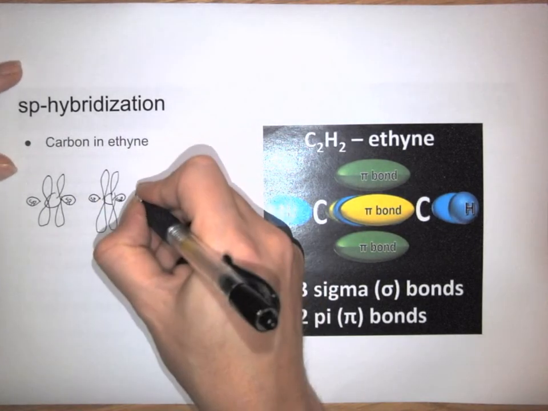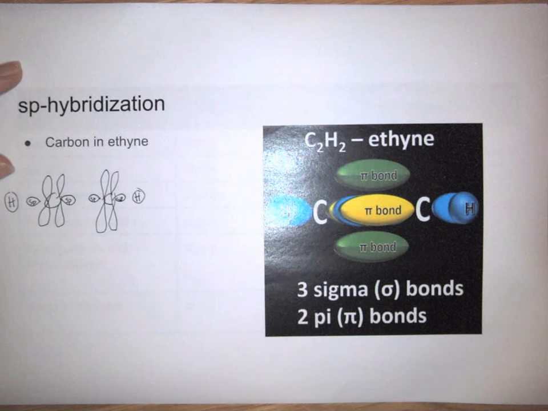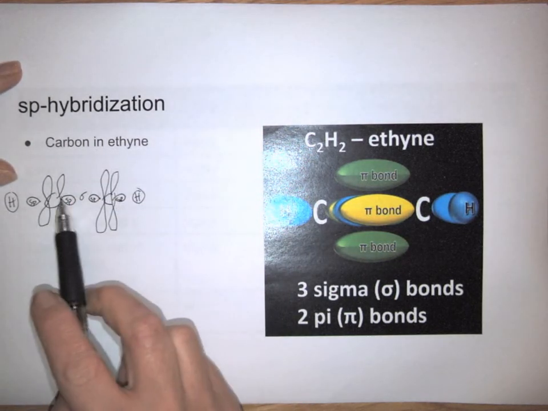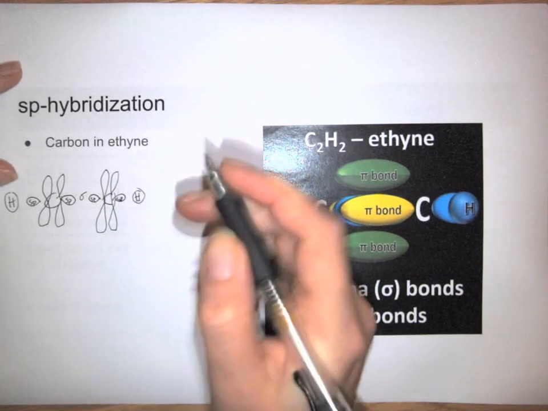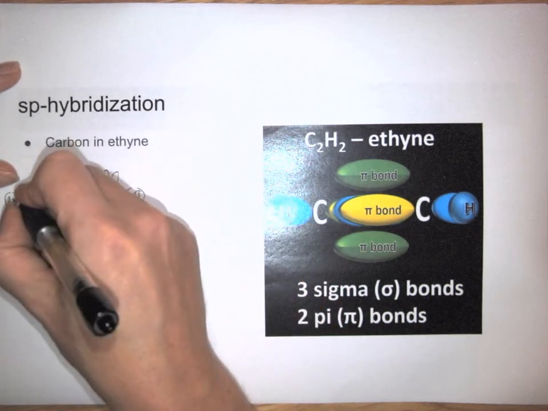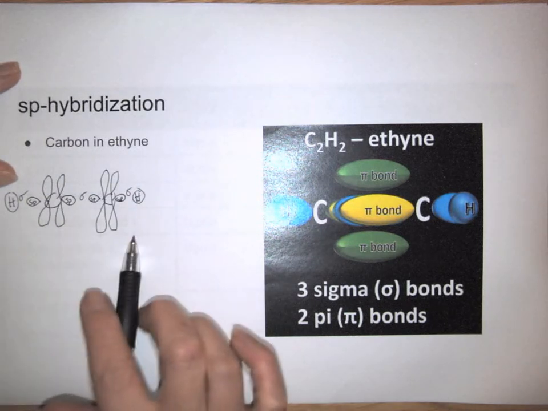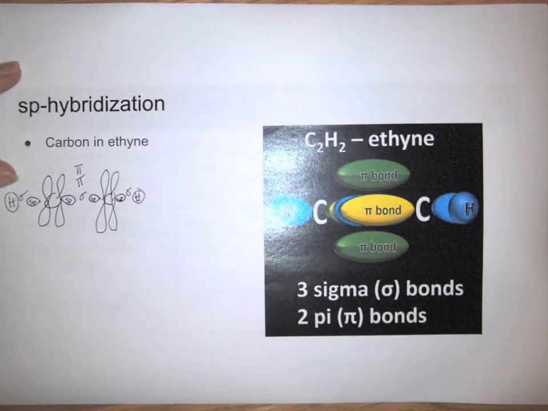And of course we have the hydrogen with the s orbital here and here. We can see that we create a sigma bond between the two sp and between the s orbital from the hydrogen and the sp here. So sigma and sigma and sigma. And then we have actually two pi bonds between the two p orbitals here. So we have 1, 2 pi bonds.